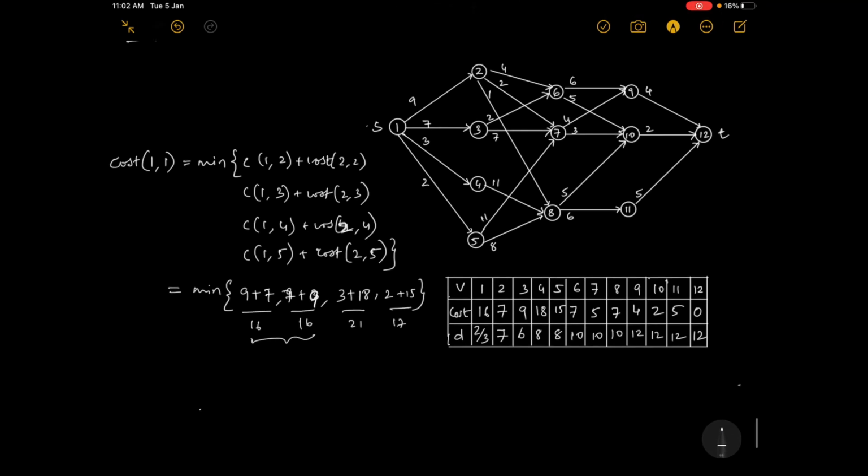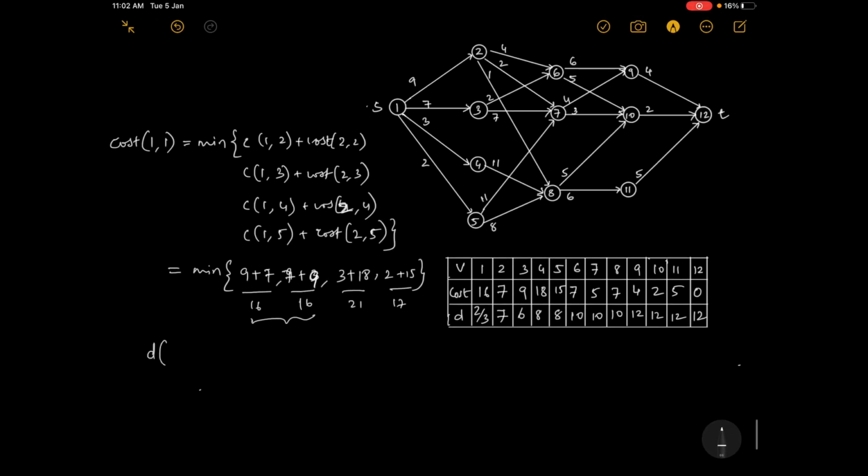Okay, I'll write it in formula type again. I'll write something like this: 1 comma 1. Why 1 comma 1? Okay, this is stage and this is vertex number. Means in this stage, which is the best.